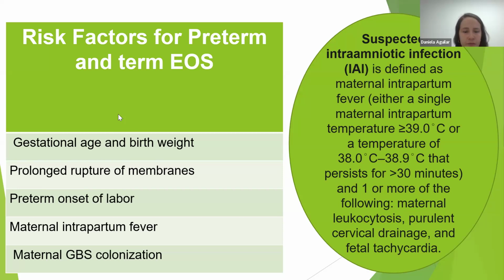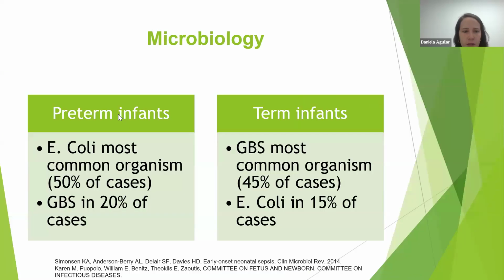E. coli has been classified as the most common bacteria isolated in early onset sepsis cases that occur among preterm infants, whether defined by a gestational age below 34 weeks or by a birth weight under 1.5 kilos.